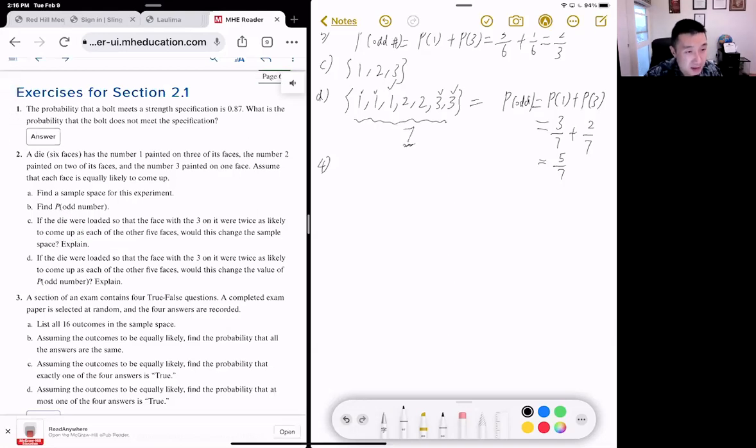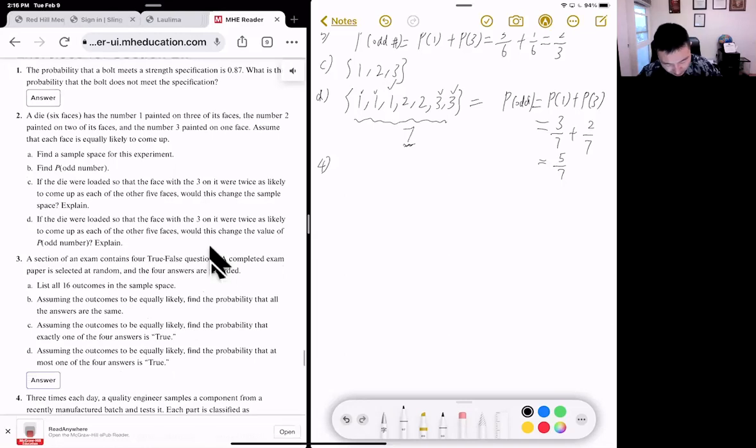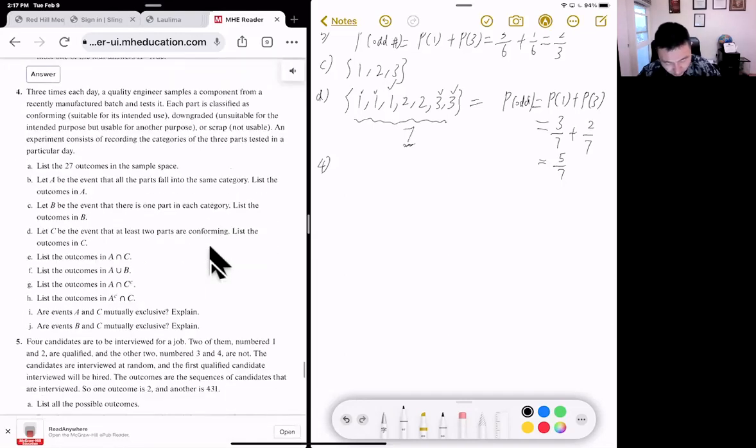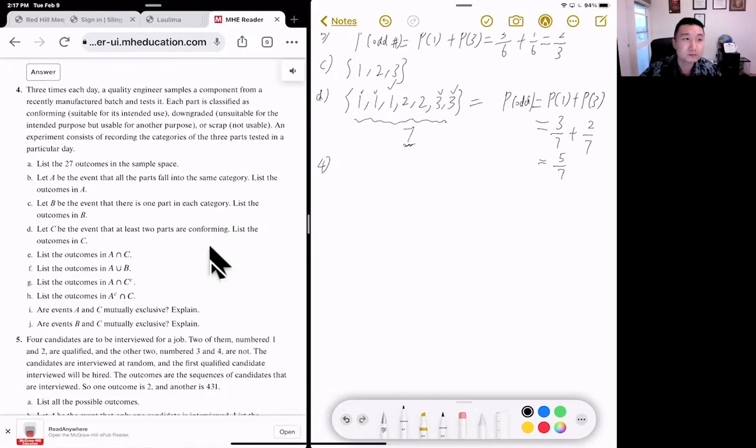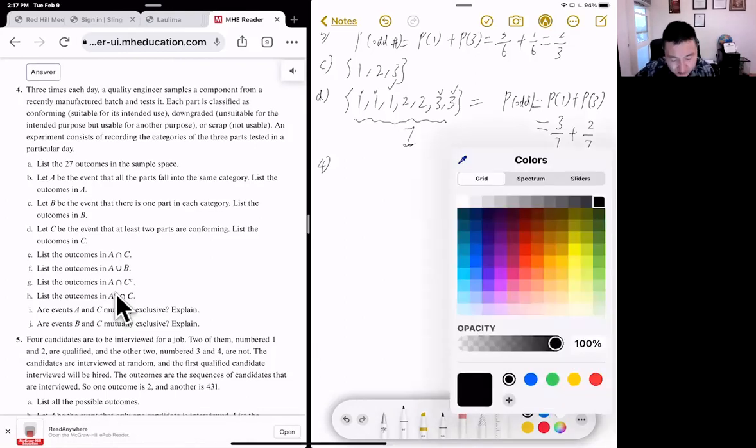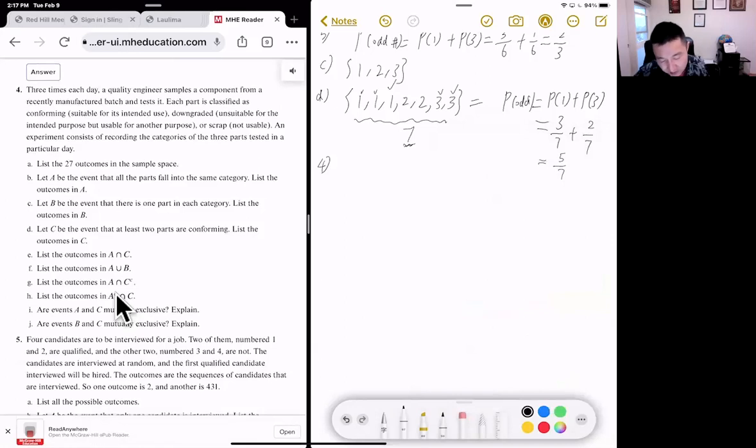Okay, sorry, let's read the question all together. Three times each day, a quality engineer samples a component from a recently manufactured batch and tests it.